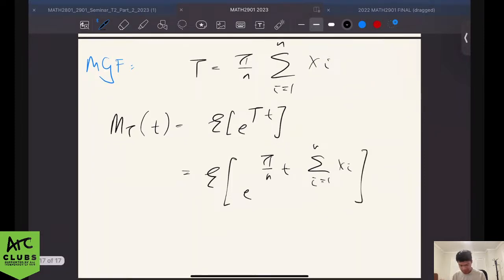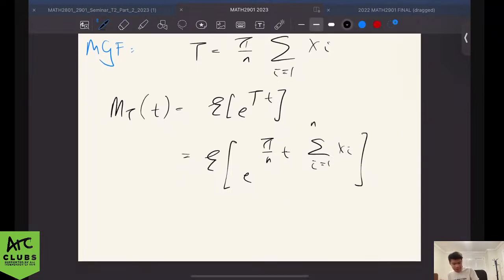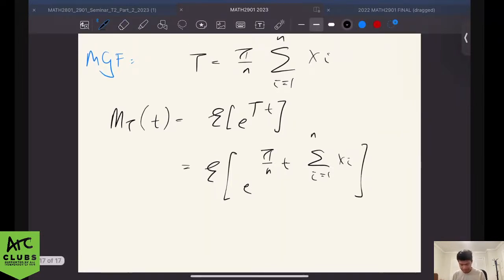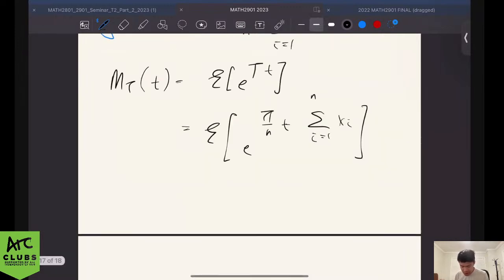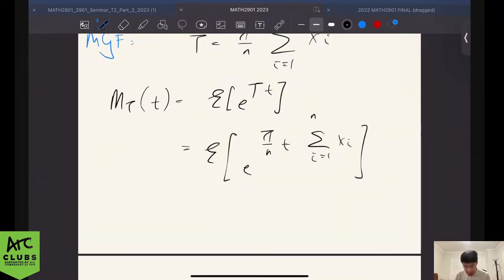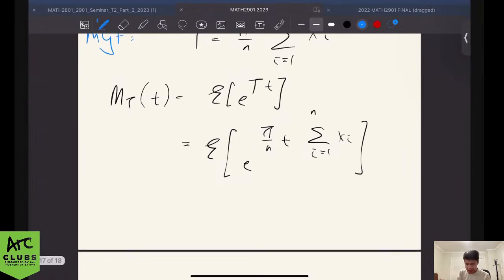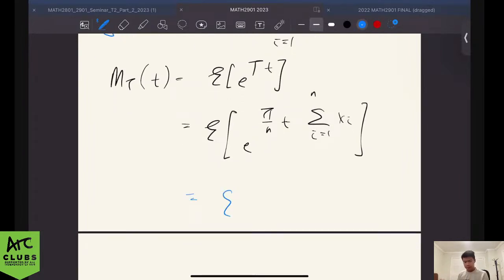Okay. Cool. Alrighty, so basically what we do with sums in an MGF approach is, if you have a sum in the exponent, you can turn it into a product, so it'll turn into this.